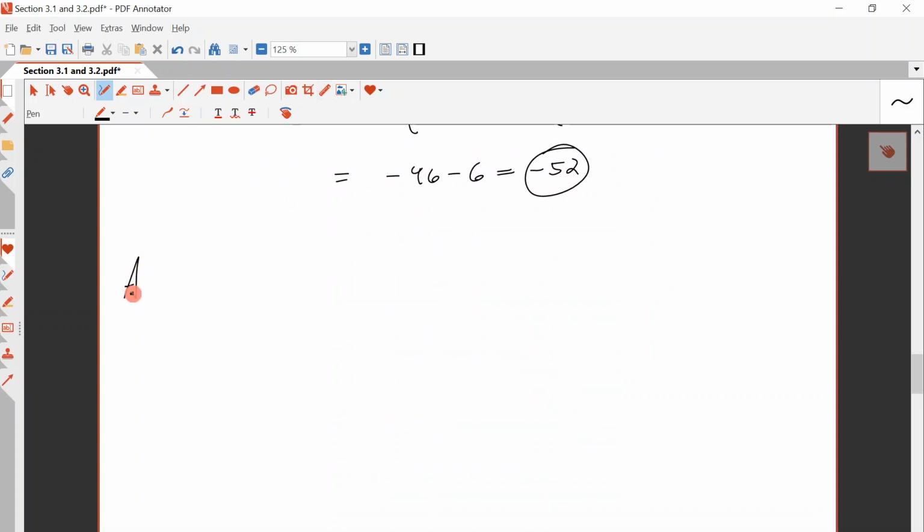Here's another way to calculate a 3 by 3 determinant.